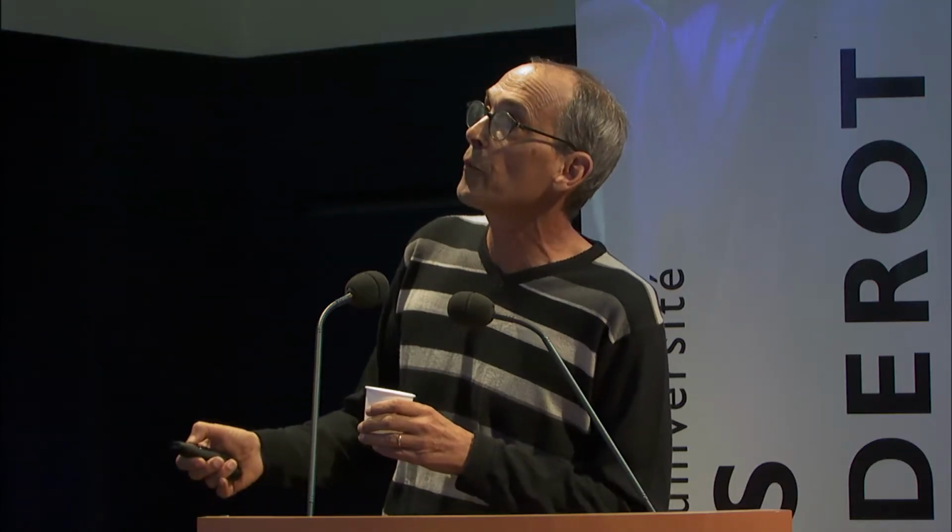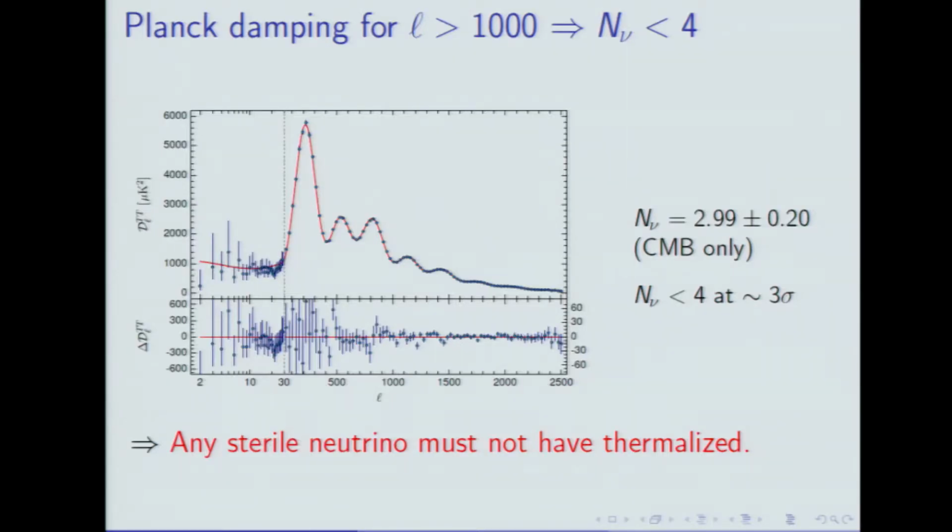So the blurring is seen in this famous plot by the fact that there's very little power. This is the temperature fluctuation power as a function of angular scale. So these are small scales, these are big scales. This is the famous peak. And out here at small scales, there's very little power. That's because the image is blurred.